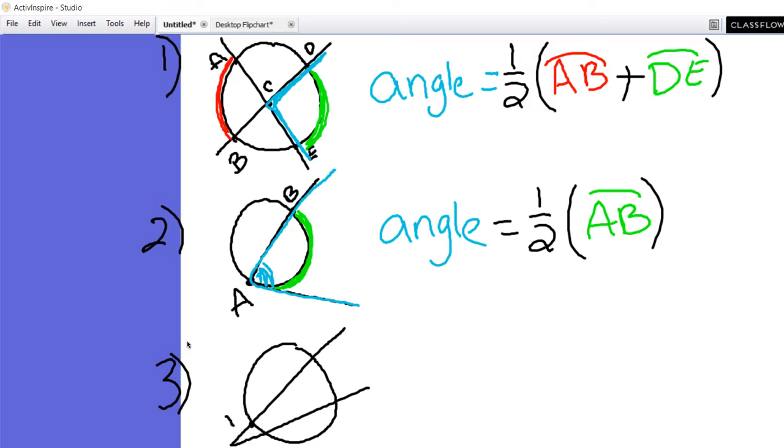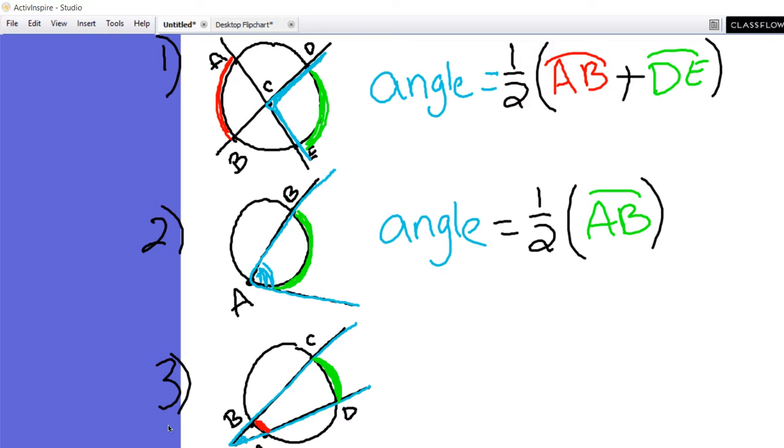This would be point B, this would be point A, this would be point C, and this one would be point D. The same thing first, I'm going to color my angle. Notice how on this picture the angle is on the outside. Then I'm going to use green for the biggest intercepted arc, so the biggest arc between the blue lines. And I'm going to use red for the smallest arc between the blue lines.